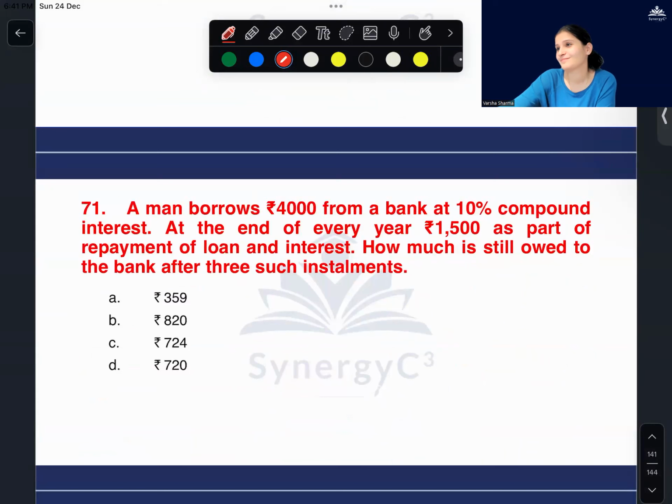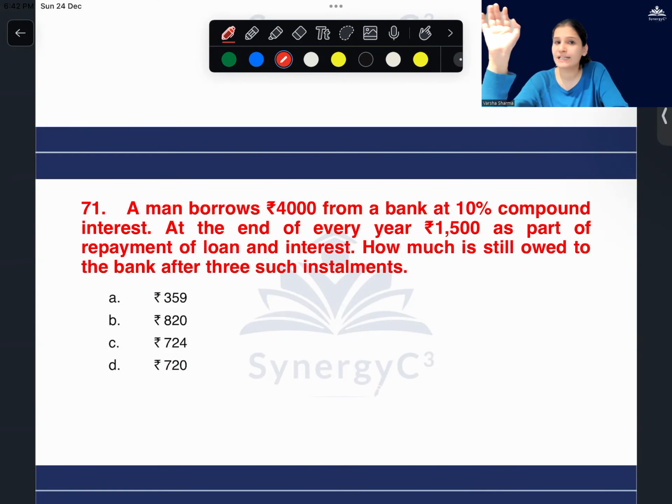Try this. Why? Understand the question. For the first year, the loan amount was 4,000 calculated at 10%.